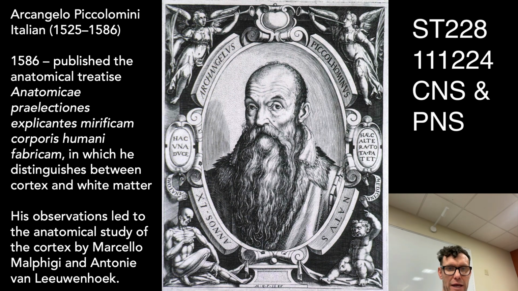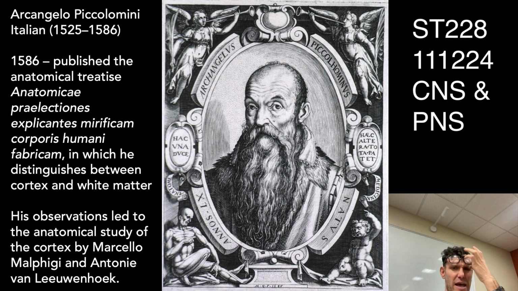Arcangelo Piccolomini, an Italian dude. Around the time of Vesalius, a little bit after Vesalius' death, he published an anatomical treatise called Anatomicae Praelectiones, explicantes mirificiam corporis humani fabricam. That's a mouthful. In it he distinguished between the cortex and the white matter.